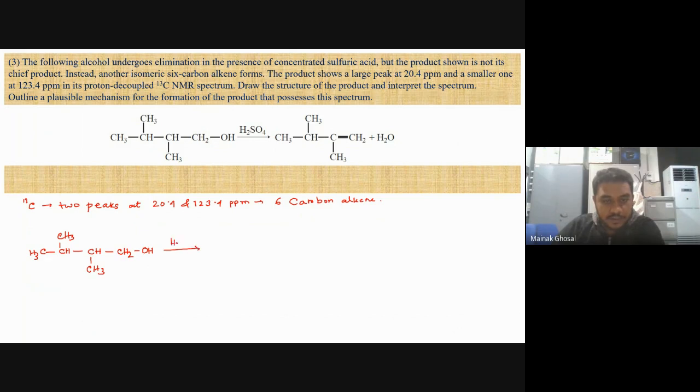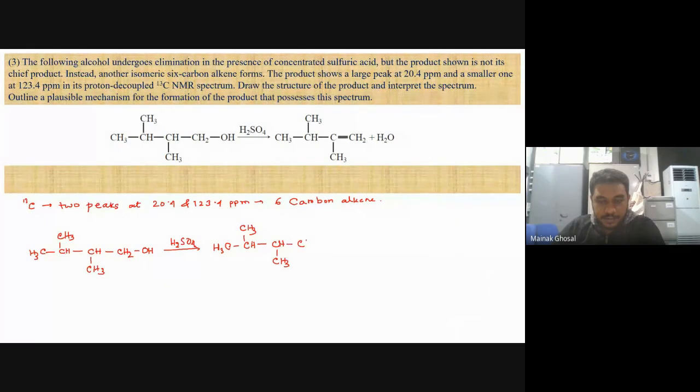So in the presence of H2SO4, what will happen? H2SO4 is nothing but some acid, so it will give its proton.